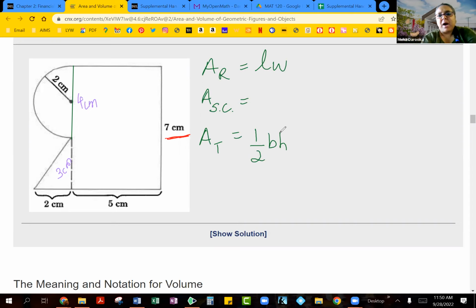Now, how do we modify the area for the semicircle? What would we need to do? Because the original is pi r squared, but that's for the full circle. So what should we do? Yeah, take its half. Very nice. So you will end up dividing this by 2, or you can do that fraction of 1/2 like we have in the circle.